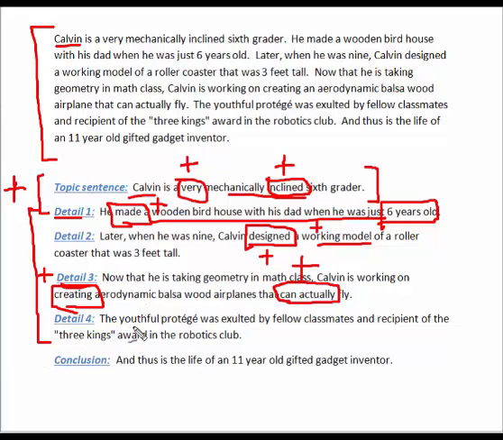Detail number 4, youthful prodigy. If you don't know what this word means, you can assume it is positive. Why? Because of all of the other details and because of the topic sentence. Exalted. It's another word that's positive.